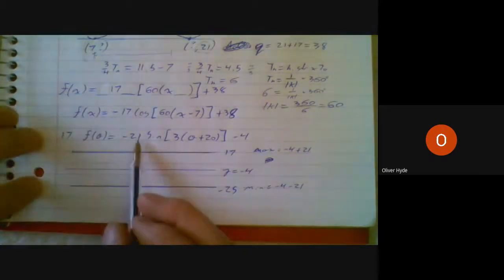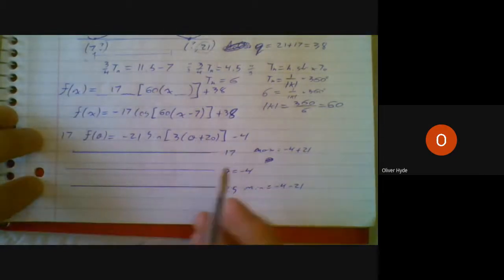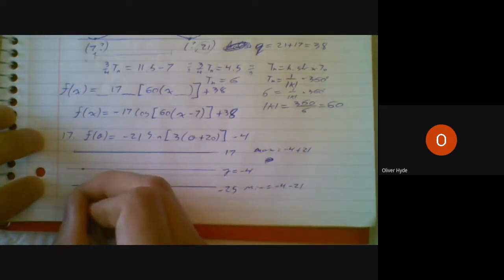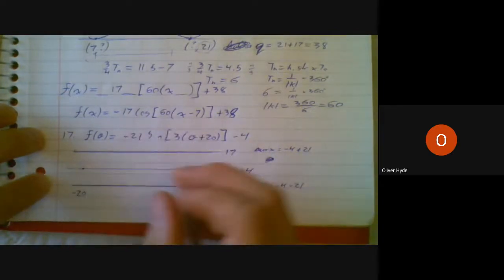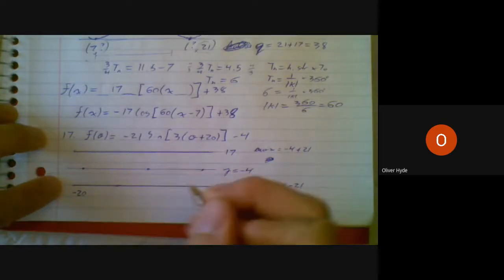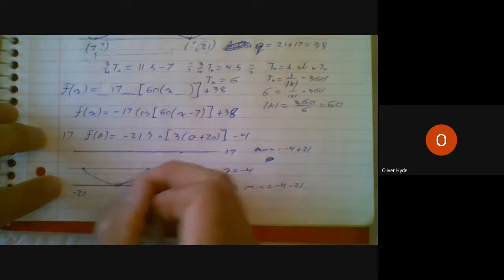We are sketching a vertically reflected sine curve that has been shifted left 20 units or degrees. I'm not given any units on here, so I'm just going to label that -20. And a vertically reflected sine model is going to fall to a minimum before climbing to a maximum. I'm going to try my best.